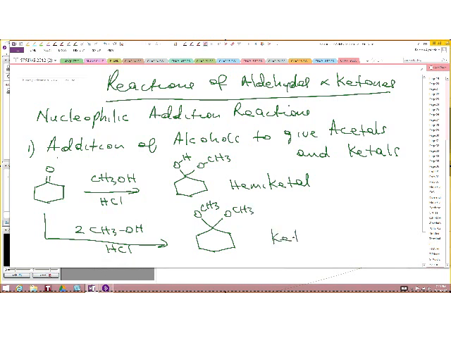We refer to this as a ketal. The ketal is whenever you have the 2 moles of alcohol reacting with the ketone. In this case, the ketal is whenever you have 2 alkoxy groups attached to the same carbon, and that carbon is attached to 2 other carbon atoms. Then you say you have a ketal.